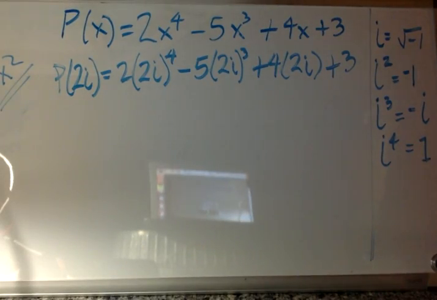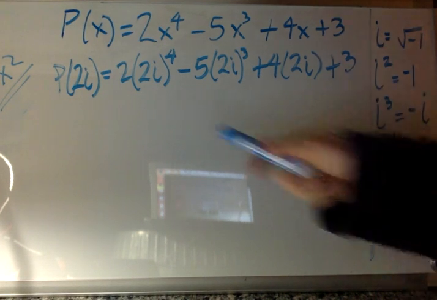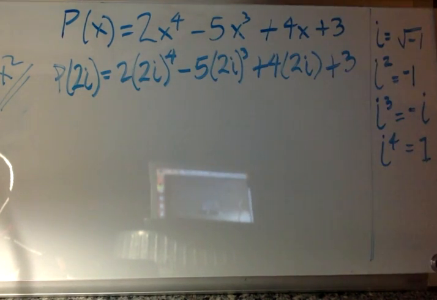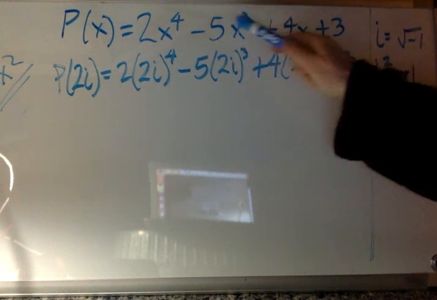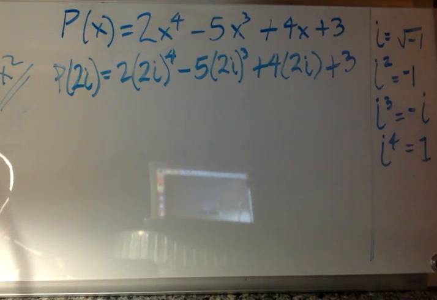Okay, still for example 2, you're asked to find P of 2i. So you can see that I replaced every x with 2i. And we're going to evaluate this. We have to keep in mind the rules for i to the various exponents, okay? And we've gone over this before.